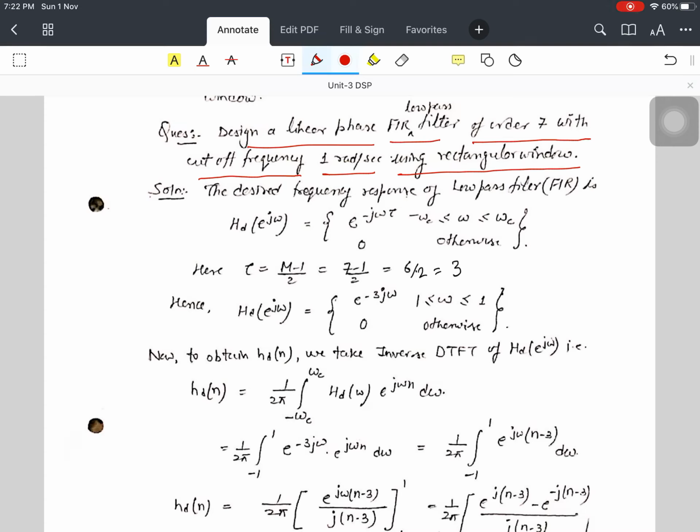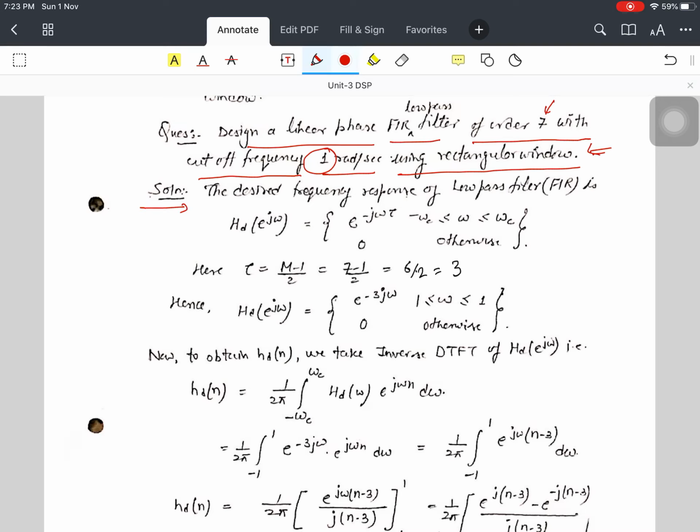You can see in the question they have given the order of the filter, the cutoff frequency, that is 1 radian per second, and the method, rectangular window.